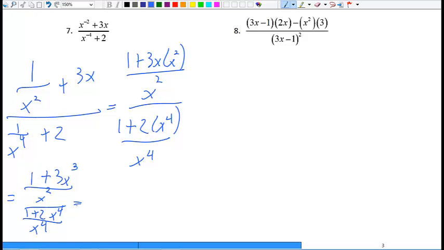And then it seems like we're rinsing and repeating the same process. We'll multiply by the reciprocal. So 1 plus 3x cubed times x to the 4th over x squared times 1 plus 2x to the 4th.